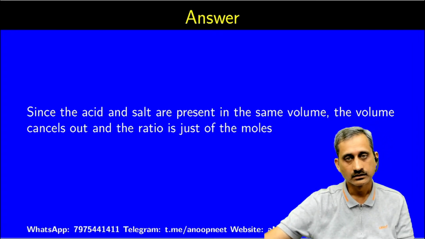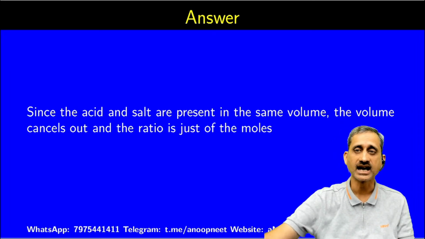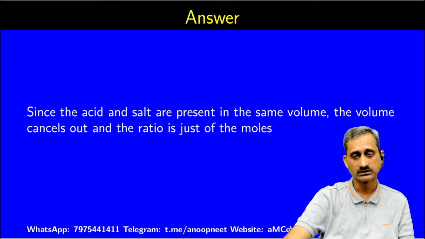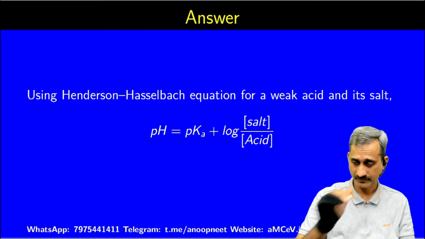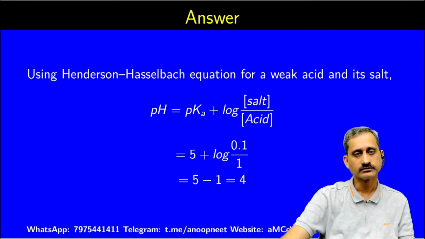It will be acidic pH. It's a weak acid with a salt. Weak acid with a salt is going to give acidic pH. This is the solution. The answer is 4.